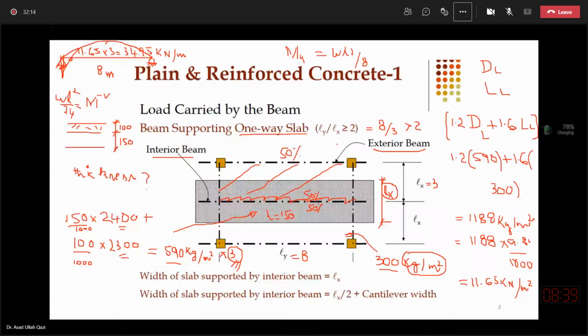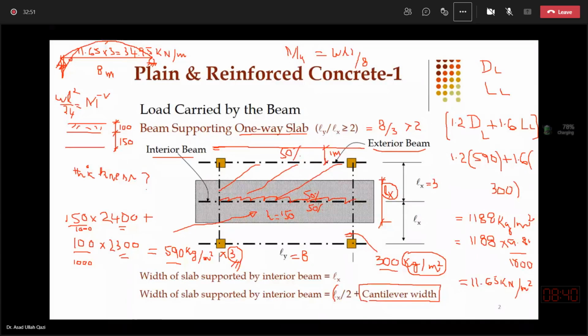If there is some cantilever on this side, and the beam has some projection beyond the edge, suppose this cantilever projecting out is 1 meter, some buildings have some projections beyond the exterior face, then that cantilever width will be included into the influence area or the transverse.